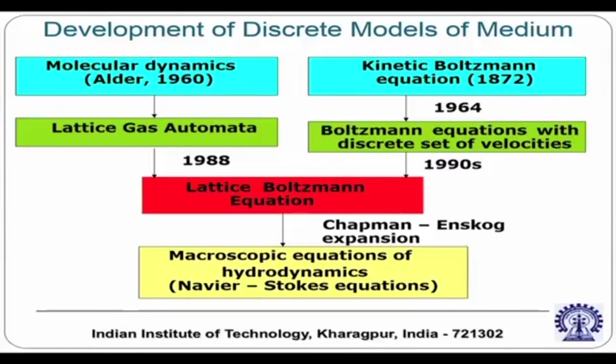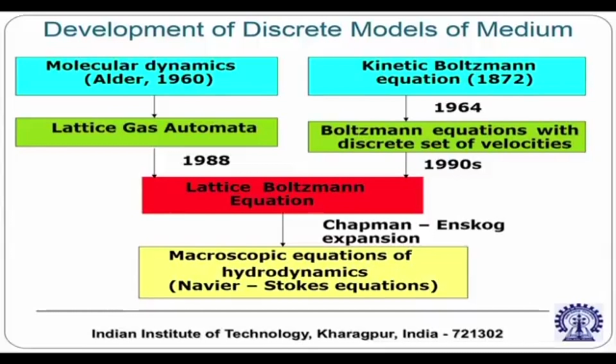So this equation could not be solved, although Boltzmann proposed it, until in 1964 Boltzmann equations with a discrete set of velocities instead of a continuous velocity space were introduced, and this paradigm eventually converged to the idea of the lattice Boltzmann equation.